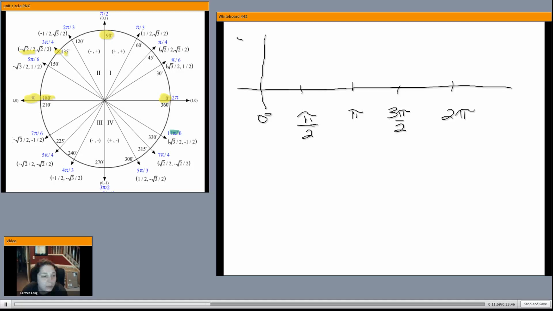Well, that's just 3 pi over 2. So think about it. If we only have these measures on the axes, this would be half a pi, a whole pi, 3/2 pi, and then 2 pi. So 1 over 2, 2 over 2, 3 over 2, 4 over 2. And so that's the division.